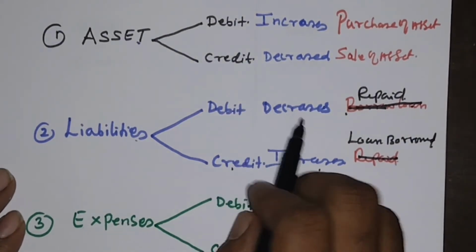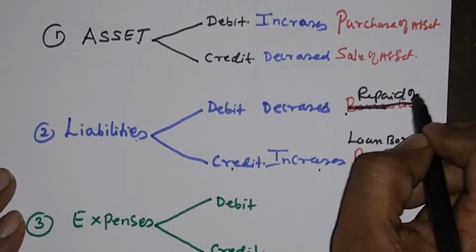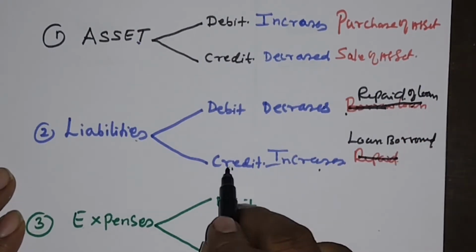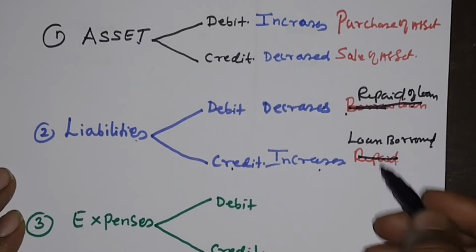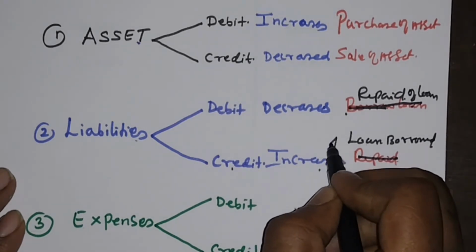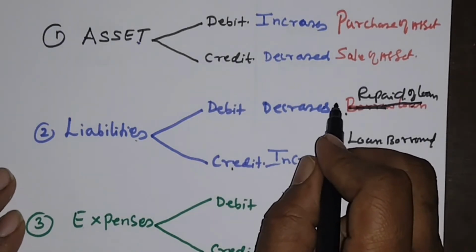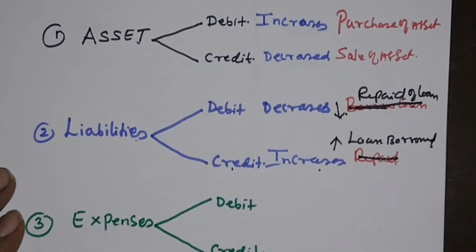So debit decreases on repayment of loan, and credit increases when loan is borrowed. So any borrowed amount, creditors or bills payable, whatever it may be, the increases will be in credit and the decreases will be in debit.